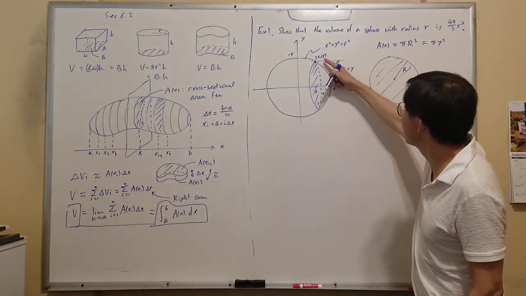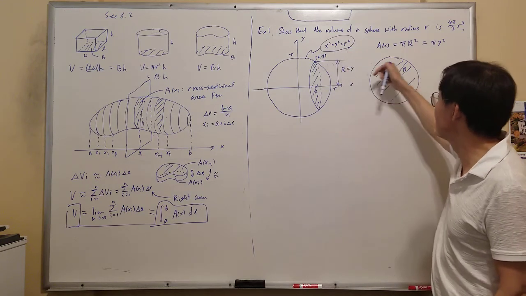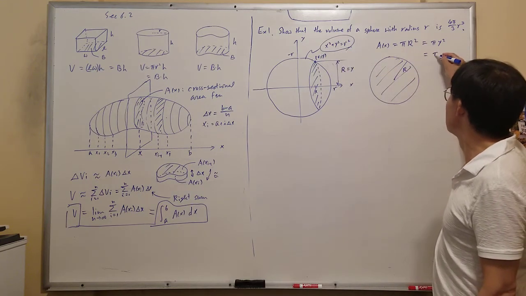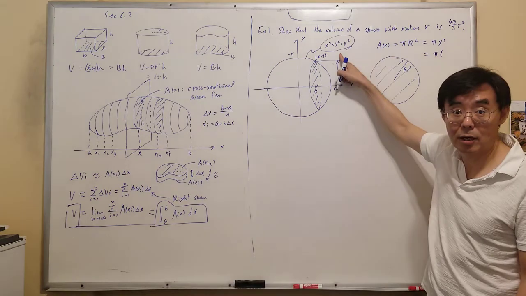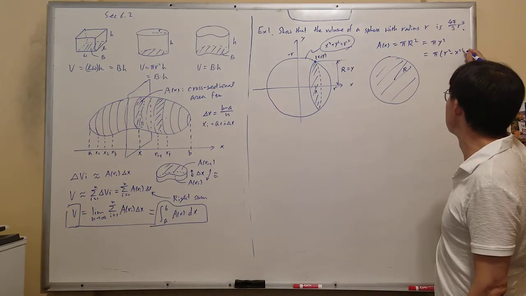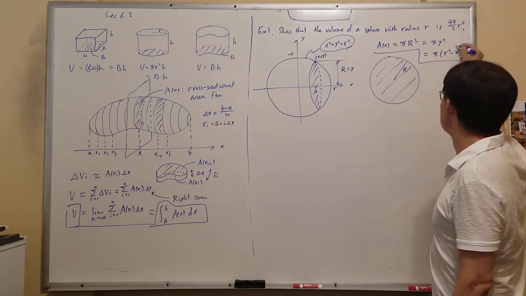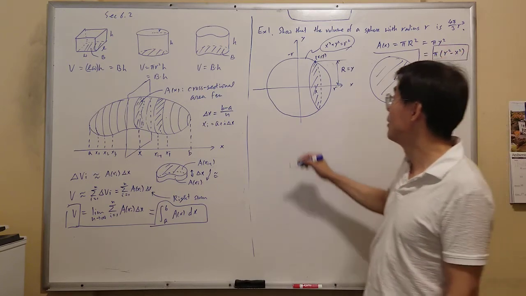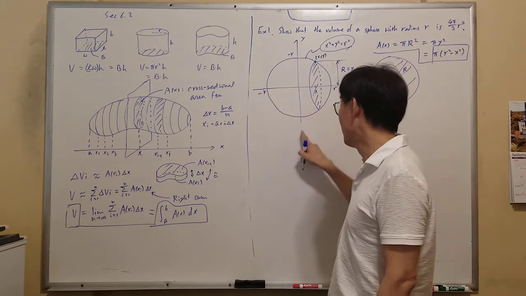This xy coordinate always satisfies the circle equation, so y squared equals r squared minus x squared. So, we got this, from minus r to r.